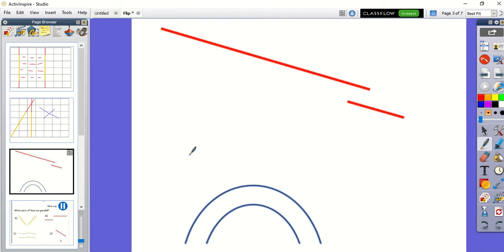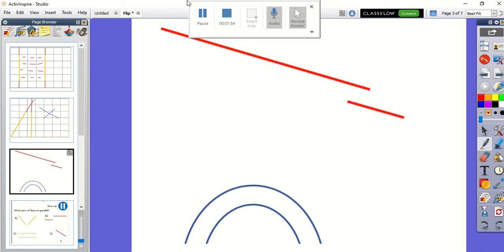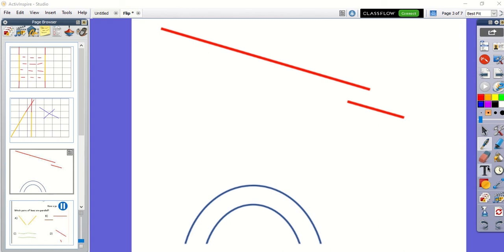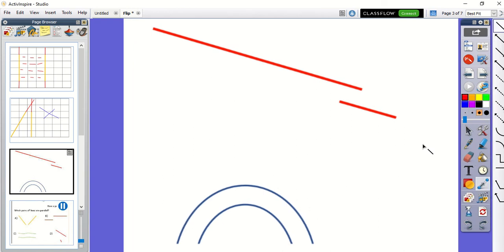Well, as you will notice, as you can see, if I were to carry this line on, and carry that one on that way, those lines would never meet.